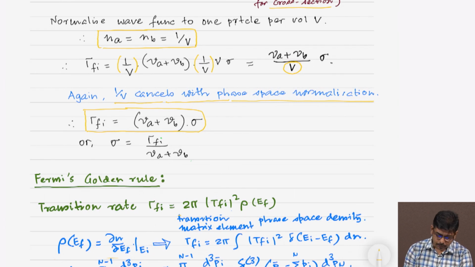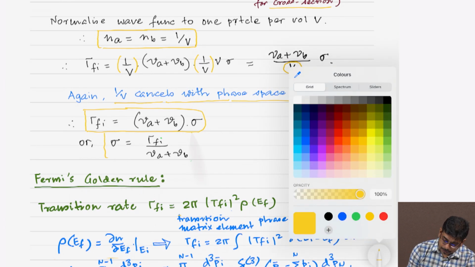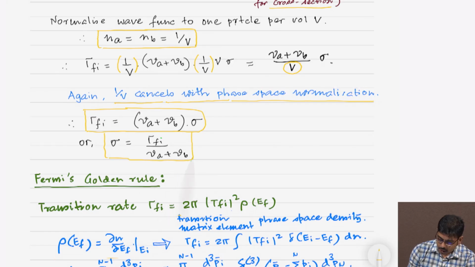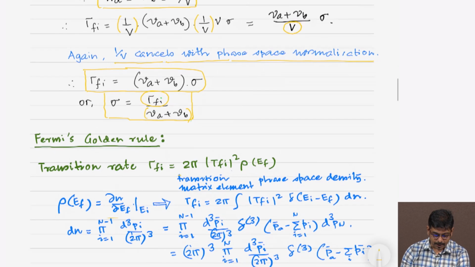Or in other words, we can say that this expression of the cross section can be obtained from Fermi's golden rule as the transition probability gamma Fi from the initial state I to the final state F divided by this relative velocity factor, which is Va plus Vb.